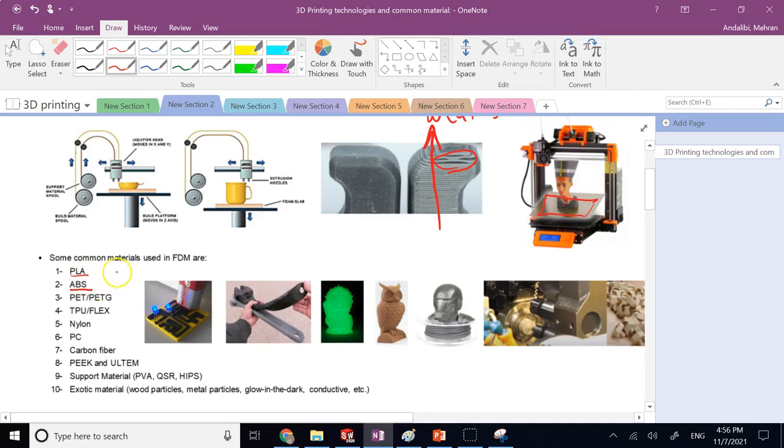One of the bad things about ABS is, although it gives lightweight parts stronger than PLA and more heat resistant, during the print it releases some fumes that are absolutely not good to inhale, okay? And there is a lot of research and study on it.